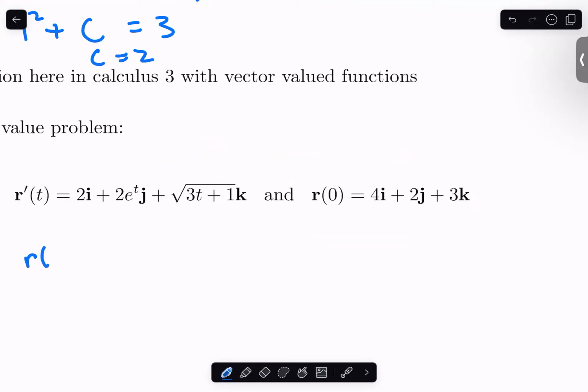What does R of t equal? And we solve this very, very similar to the way that we solved this in calculus 1, except for you're going to do it 3 times, right? 1 for each component, the I component, the J component, the K component. So we're going to go ahead and integrate our derivative to 2e to the t and root 3t plus 1.